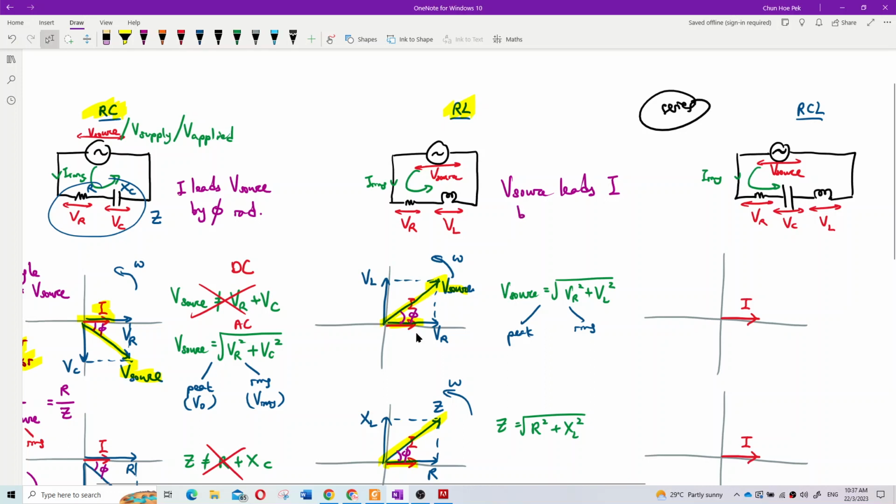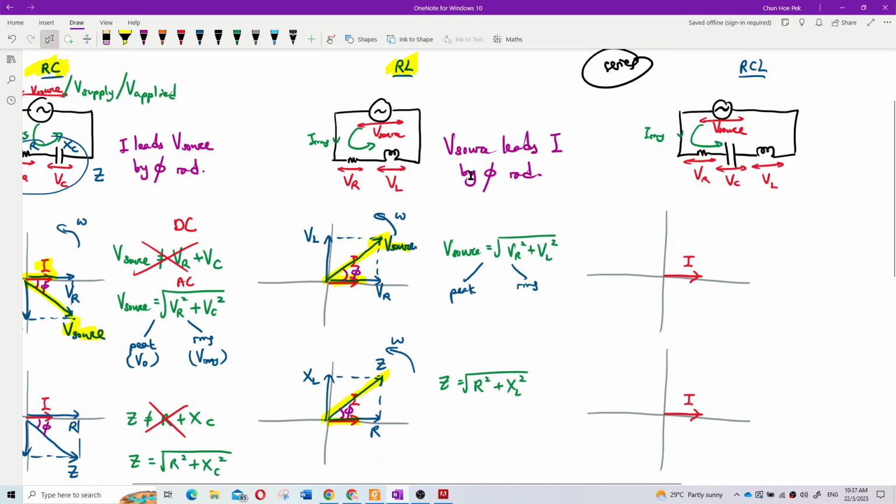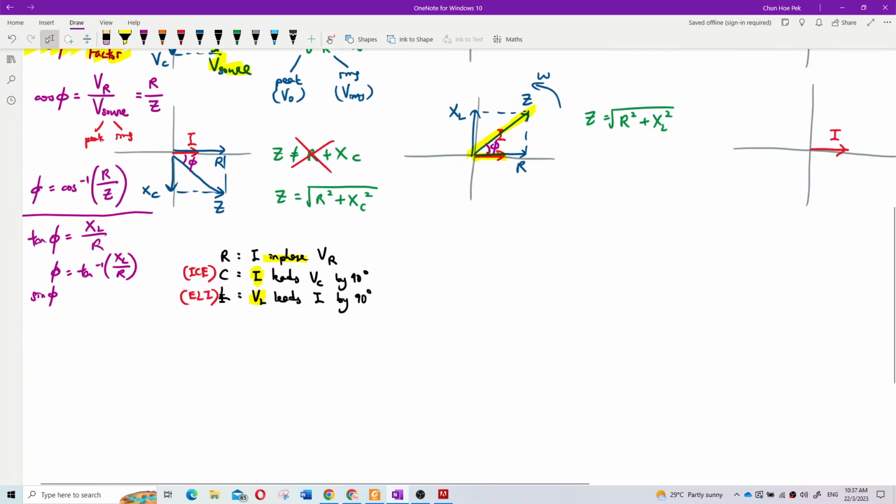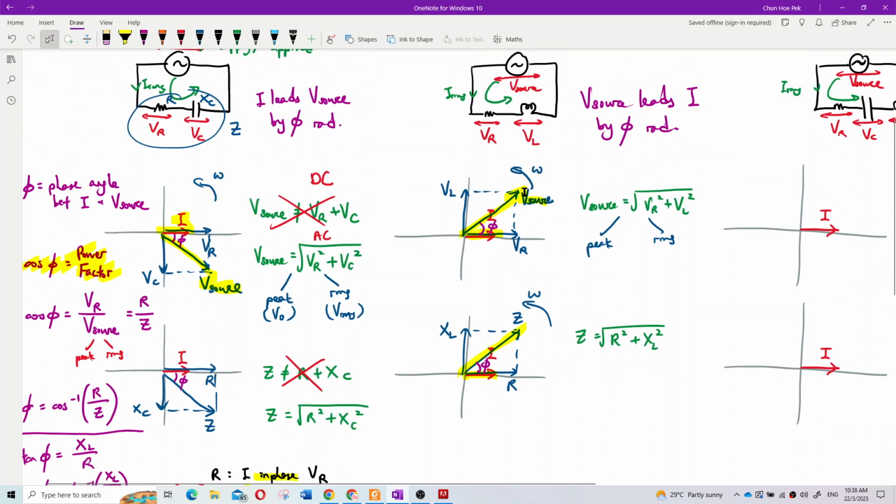V source leads current by phi radian. So why does V source lead now? Because we have inductor L. That's the characteristic of L: the voltage leads current. But it's not 90 degrees because we have a resistor.